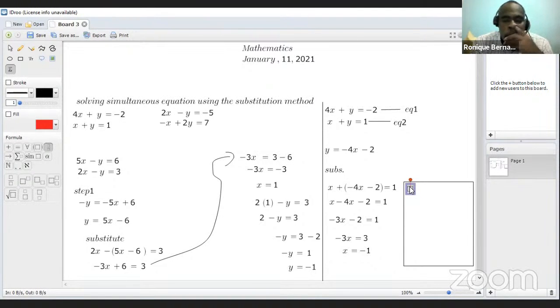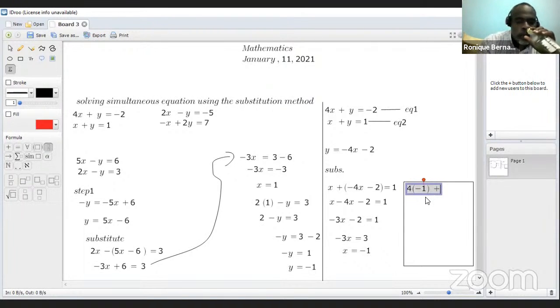Now, 4 bracket x, 4 bracket 1, I'm substituting. Sorry, negative 1. Why do I keep putting that? My sinuses are bothering me. Please excuse me.